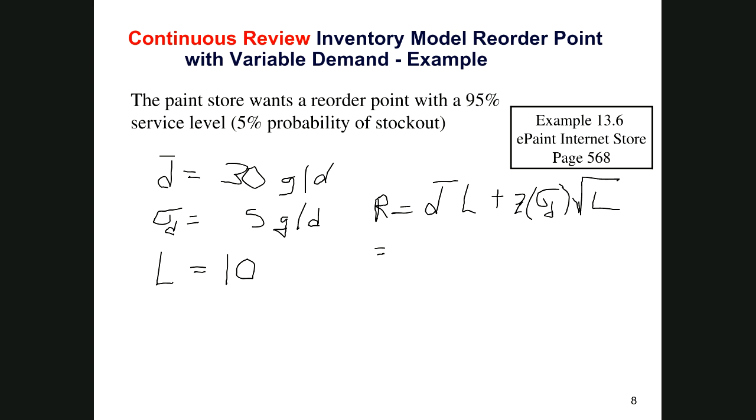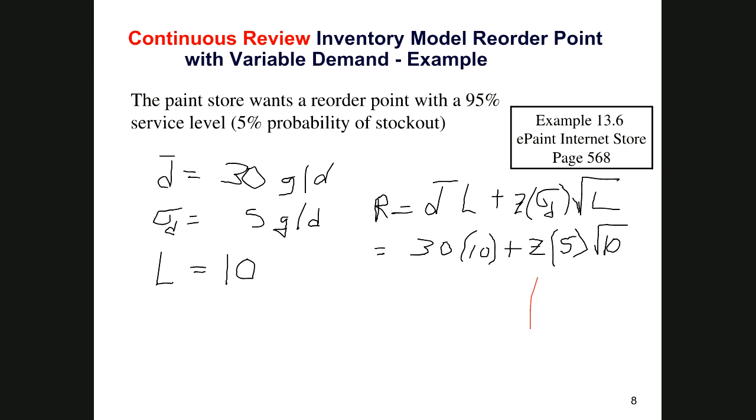This is 30 times 10. So without safety stock, our reorder point is at 300 gallons. And then we add our safety stock, which is Z times, and this is a Z, not 2, Z times 5 times the square root of 10. So the only question that we have left is to determine what's Z.